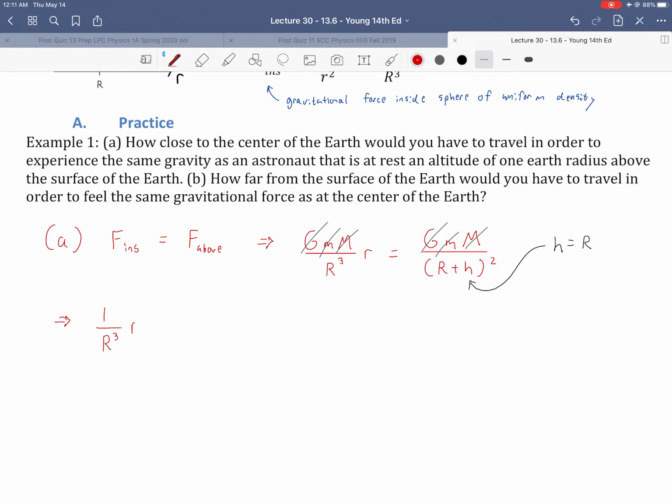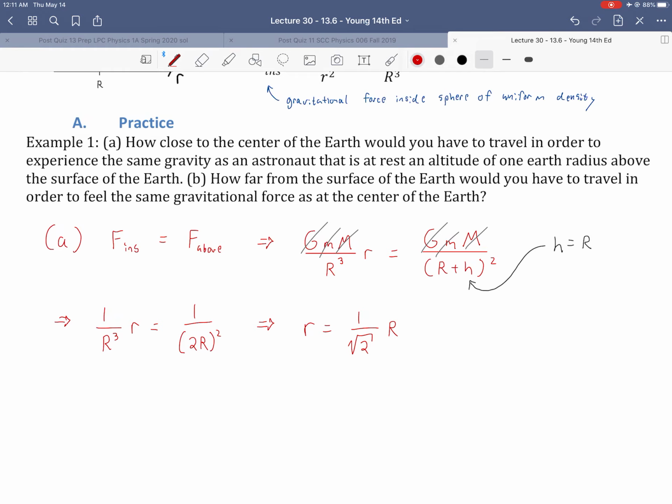So then we're going to have 1 over R cubed times the variable r equal to 1 over 2R squared. And so when we solve for this, we get r is going to be 1 over the square root of 2 times the radius of the Earth.